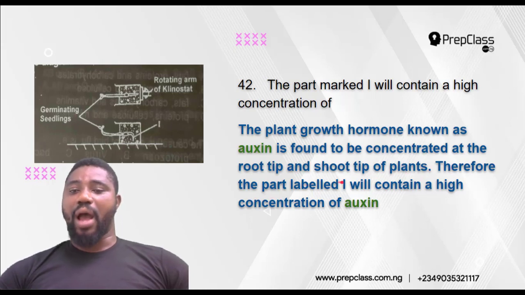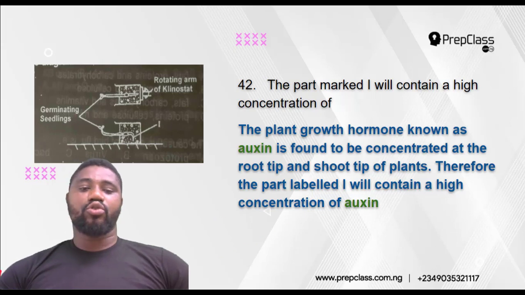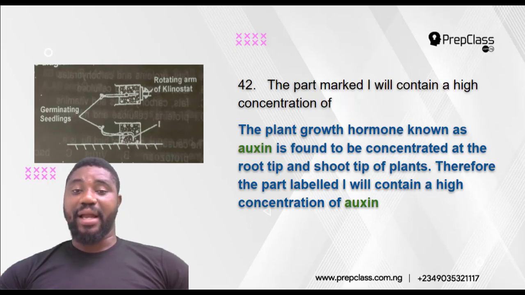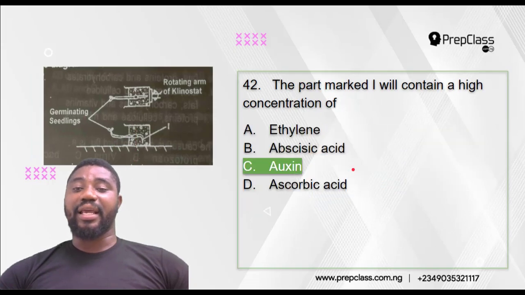Therefore, the part labelled I or 1 will contain a high concentration of auxin, because auxin is responsible for plant growth and cellular elongation. So auxin is mostly concentrated at the tip and the root of plants. So the correct answer is auxin, option C.